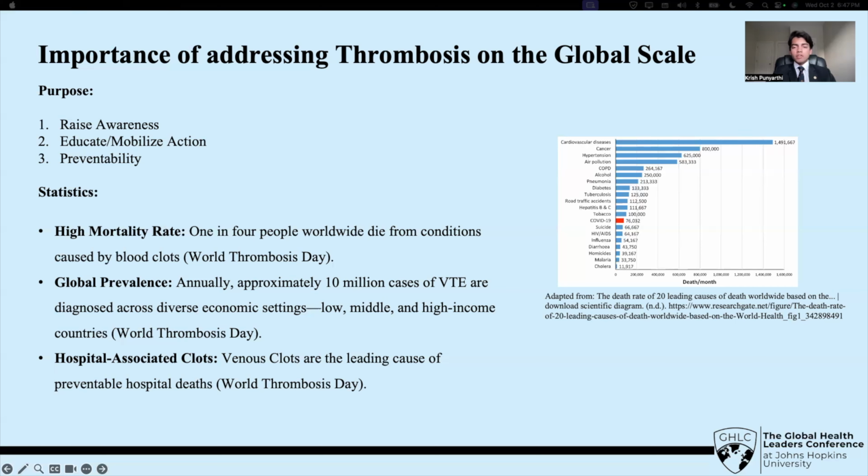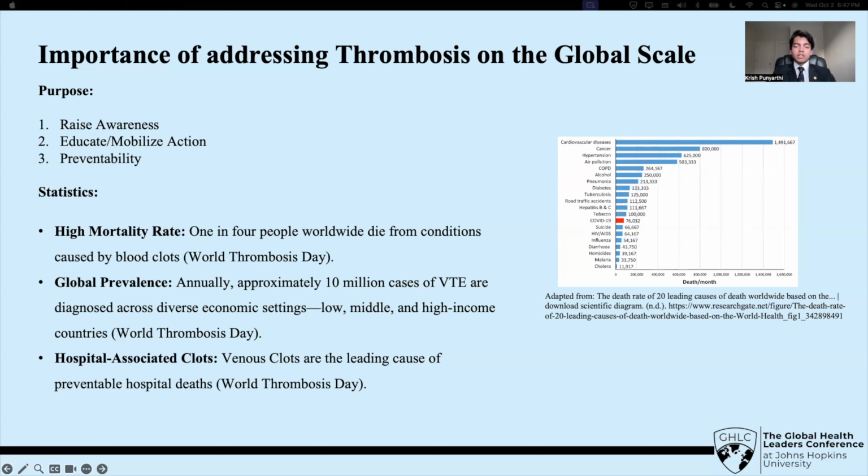In the picture to the left, you can see heart disease being the leading cause of death worldwide, but what is not shown is that thrombosis is the leading cause of death in people with heart disease. Second, you can see cancer, but what you can't see is cancer-associated thrombosis, or CAT, which is very common as well.